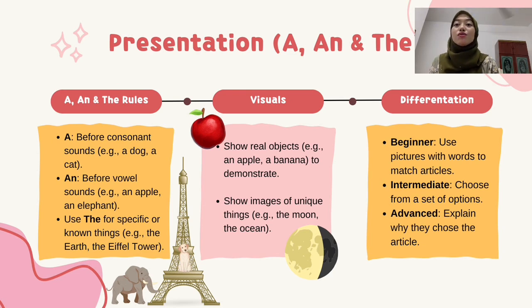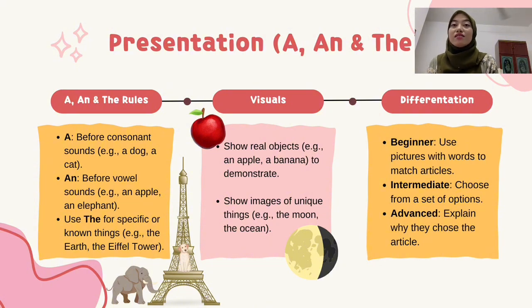Here, show students real objects like an apple and a banana, and demonstrate how each article is used with these objects to reinforce the rule visually so that they can see. For the, the teacher should explain that it is used to refer to something specific or unique.